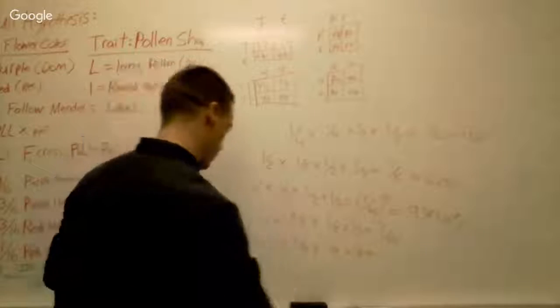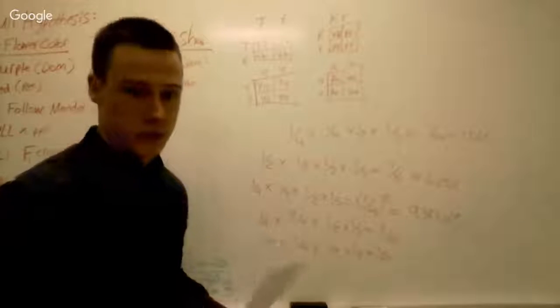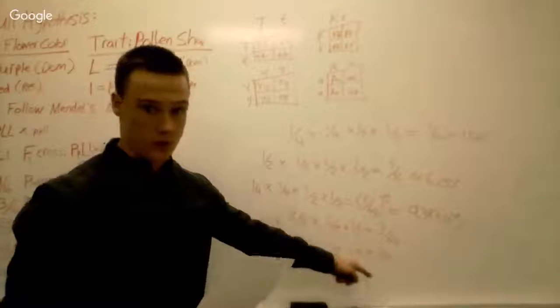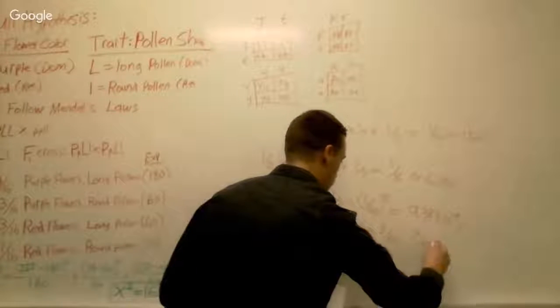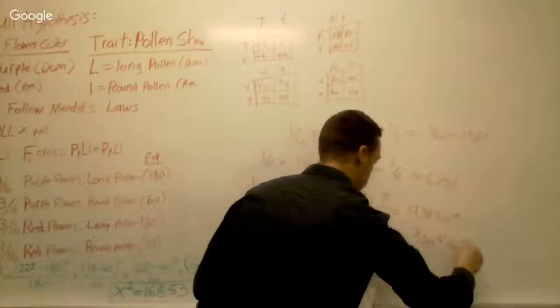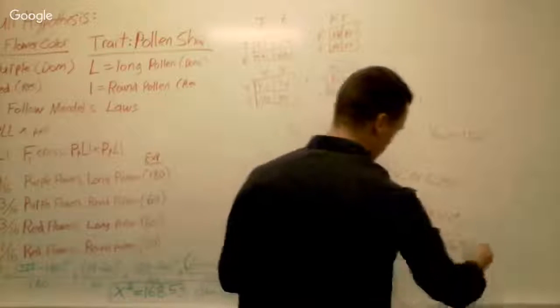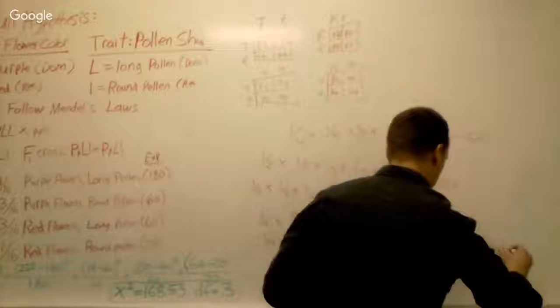So this is going to multiply to 1/64. Now it's asking for the probability of getting this or this, so you have to add them together: 3/64 plus 1/64 equals 1/16 if you reduce, or 6.25%.